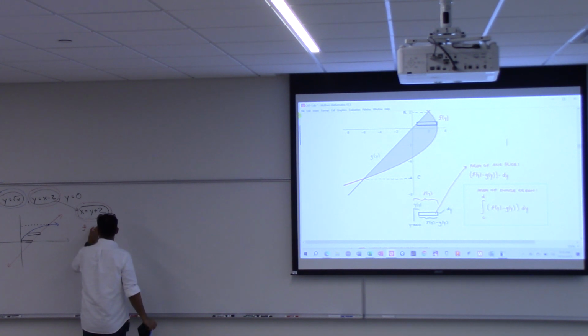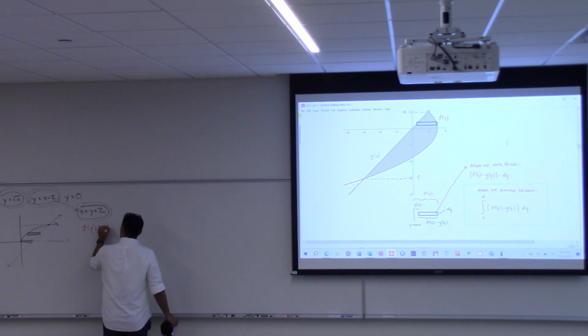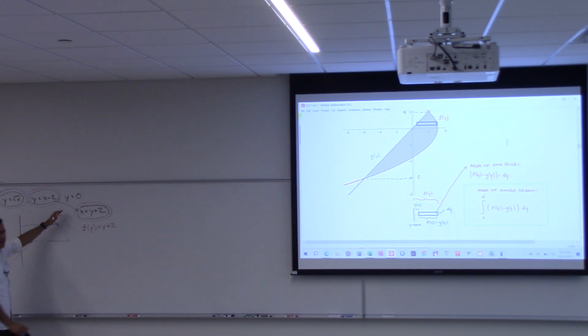You could have called it whatever you want. I'm going to call it f of y equals y plus 2. See, this red one I'm looking at as a function of y now, not a function of x. And then the blue one right here, since it's the one on the left, I'm going to call it g of y, and that one's going to be just y squared.